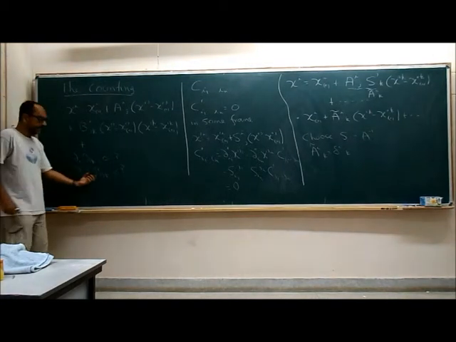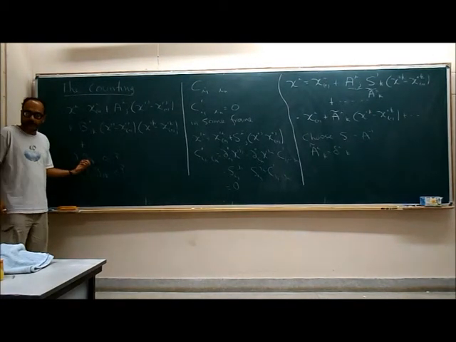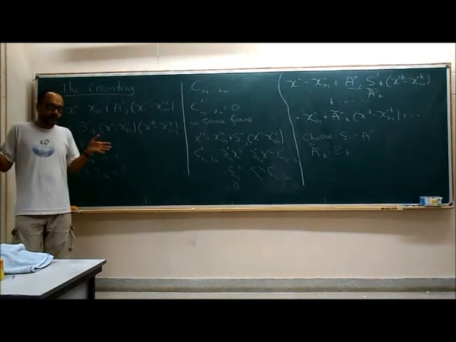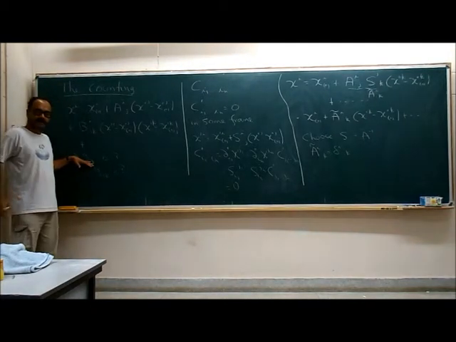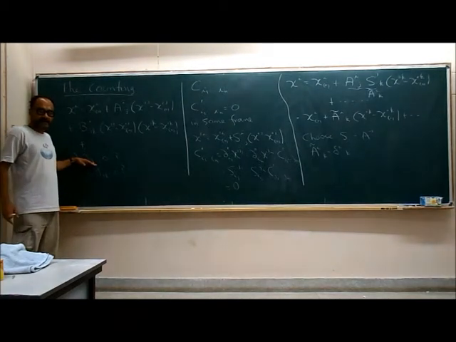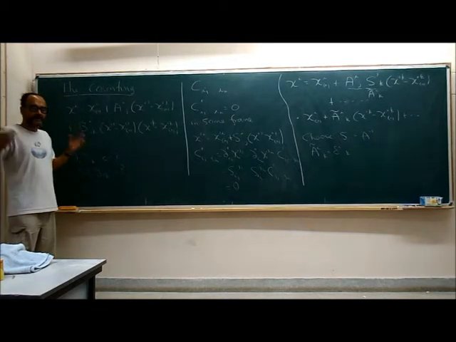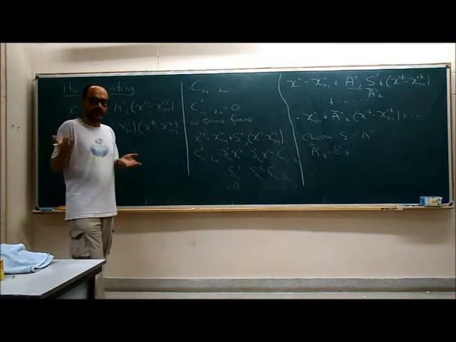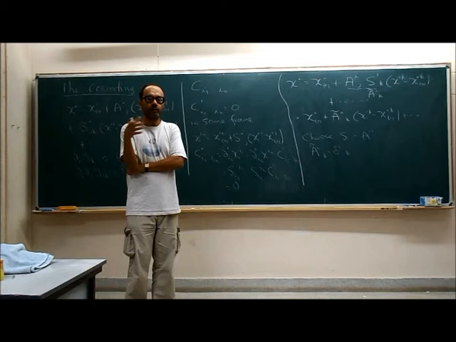See, setting just this to 0 without setting this to 0 doesn't help, because that can be a tensor which involves a combination of this and this. In which case setting this to 0 doesn't make the tensor vanish, because it could get a non-zero contribution from here. The Riemann tensor is such an object. The Riemann tensor contains the second derivative of the metric but also the first derivative.